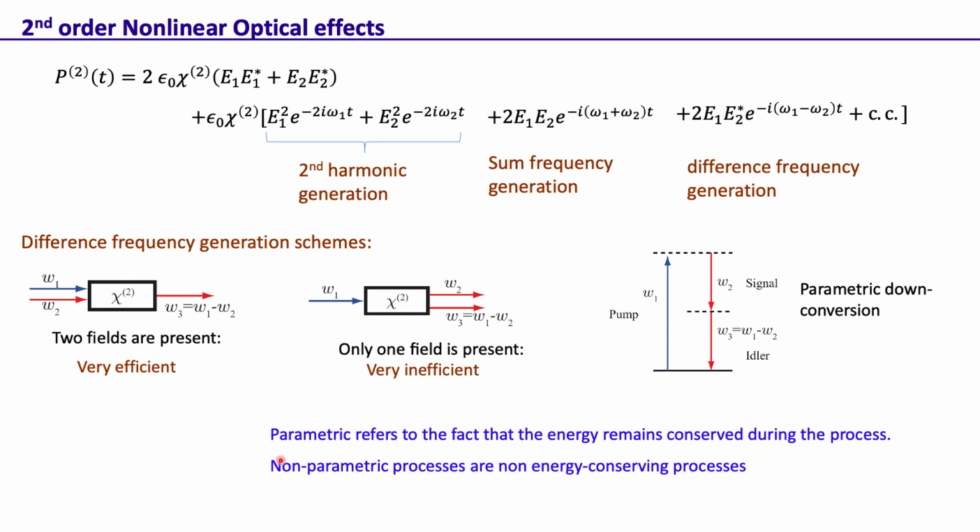And there are non-parametric processes as well, which are non-energy conserving. But we want to study this parametric down conversion in detail because this is one process that, through the difference frequency generation scheme, produces a two photon field. That means here the system takes in one photon and then emits two photons. So that's a two photon state.